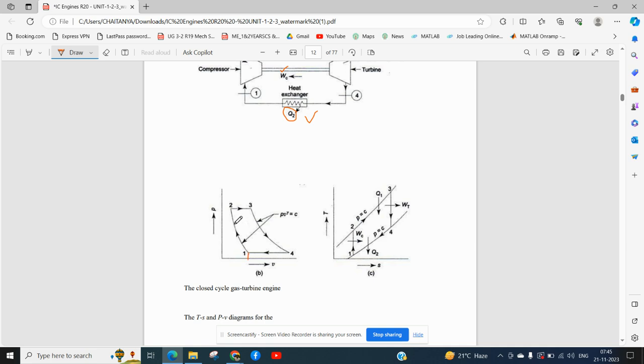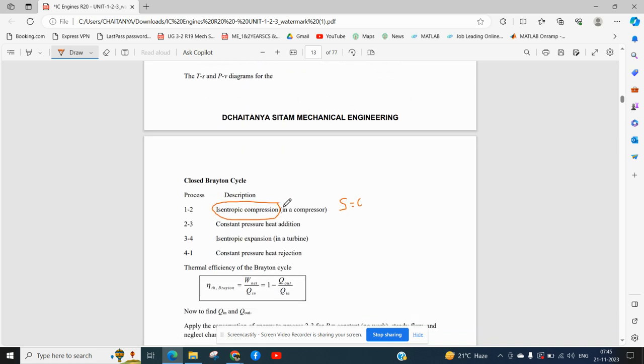It is not a constant volume process; it is isentropic compression, so there is a volume change between V1 and V2. Then there is an isobar: at a particular pressure we add heat from 2 to 3, where the peak pressure is maintained. We identify the volumes V1, V2 and V3, and the constant pressure heat addition is m Cp delta T.